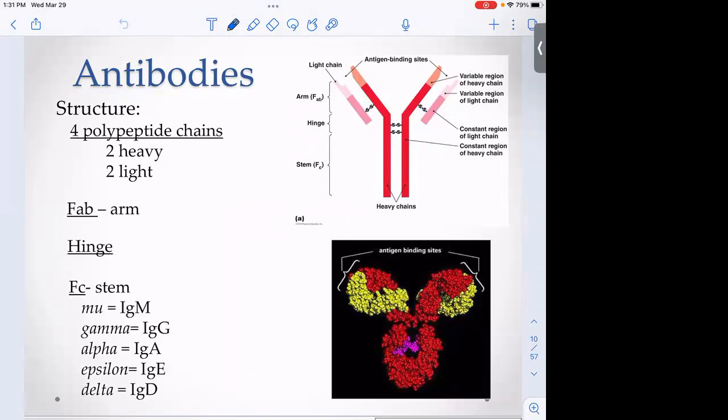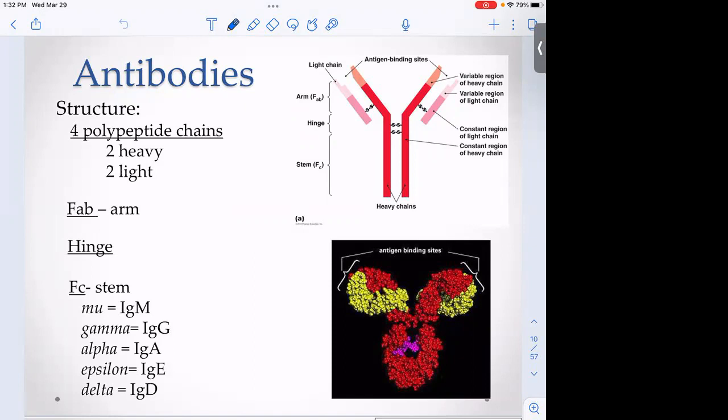Okay, so structure of antibodies. If you have some antibodies in solution and you throw some lytic enzymes in there to digest them, what you end up with is three fragments: two fragments that are identical, and then a third fragment.